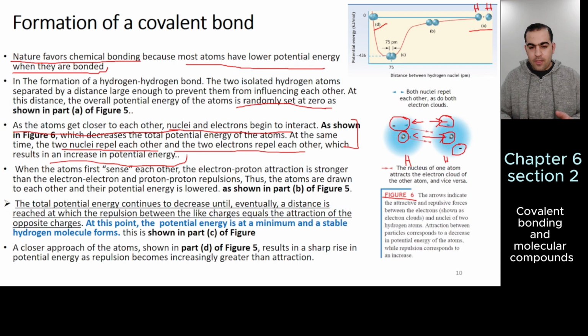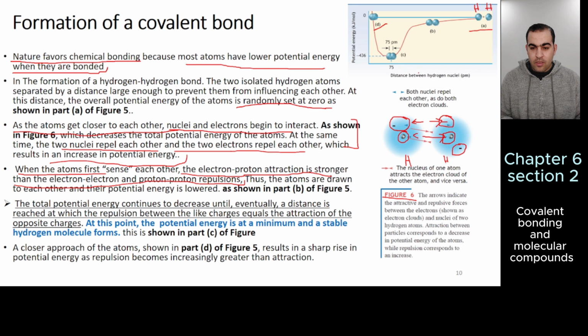Okay? Then what happens when the atoms first sense each other at the beginning? The electron-nuclei attraction, since the nucleus has a positive charge, is stronger than the electron-electron repulsion. At the beginning, attraction is more than repulsion.